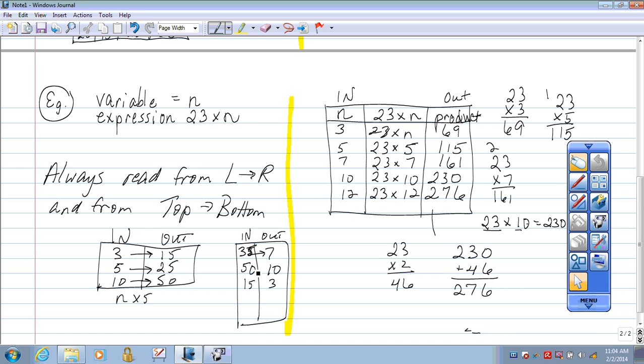If I'm going from 35 to 7, 50 to 10, 15 to 3, I'm dividing by 5. So if you notice, I had to read this direction, and I'm dividing by 5. So this would therefore be n divided by 5. Very important that you always read from left to right and top to bottom, or you will get the incorrect operation. Okay? That's the end of the lesson. You can finish your notes. Have a great day.